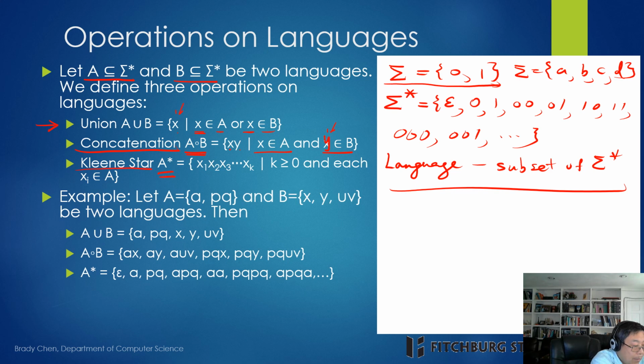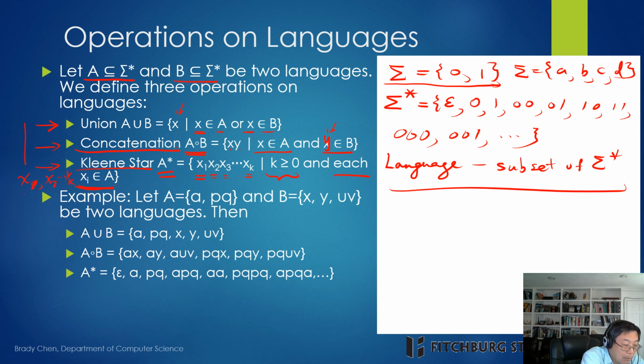This is defined as x1, x2, x3, all the way to xk for any integer k. k could be 0, 1, 2, or any integer, and each xi is a string in the language A. So x1 is a string in the language A, x2 is a string in the language A. We define these three operations for languages.